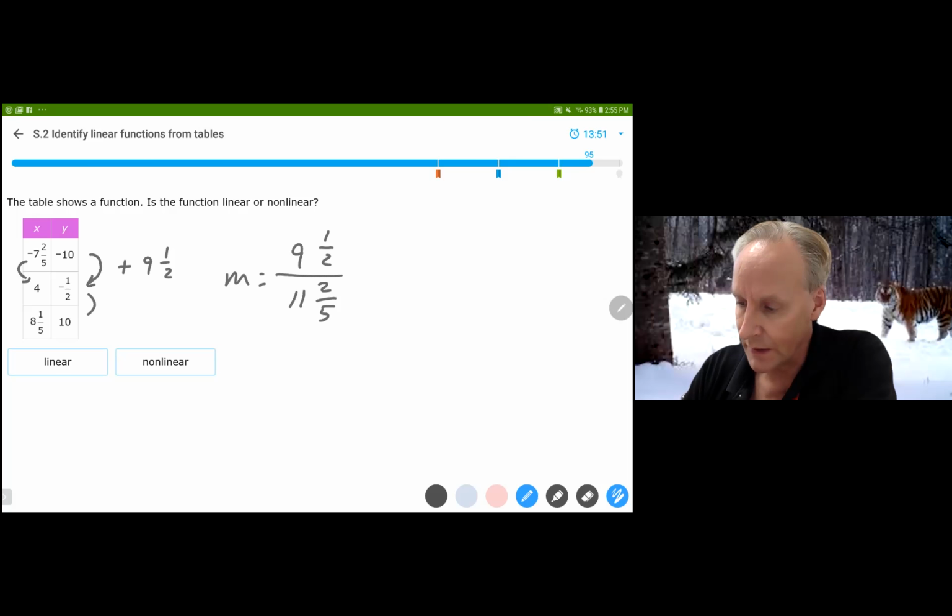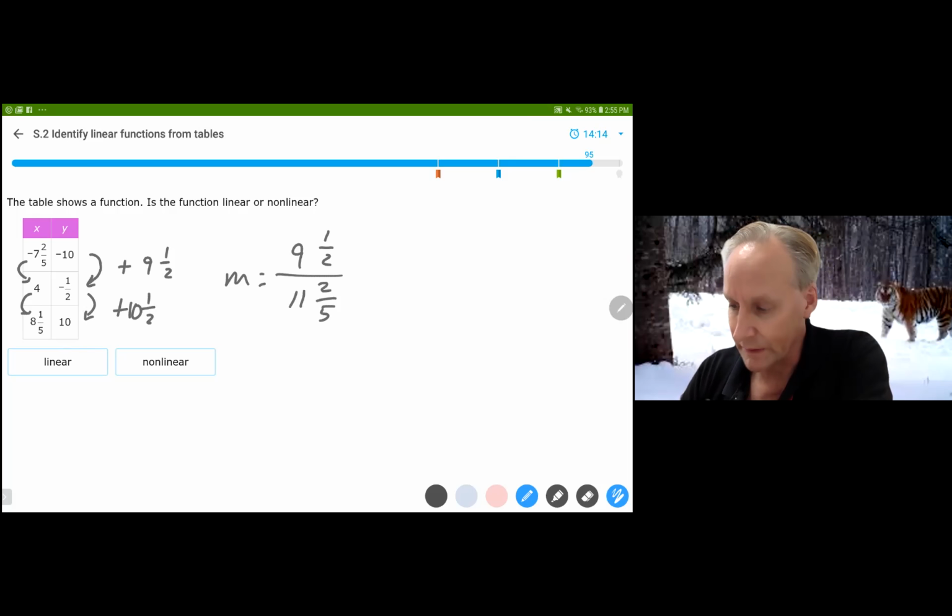Now, I went up 10 1/2, didn't I? Because I went up the -1/2 to 0, and then I went up 10 more. So I went up 10 1/2. That's different than that one. In this one, I went up 4 1/5. Oh man, do I have to check this?